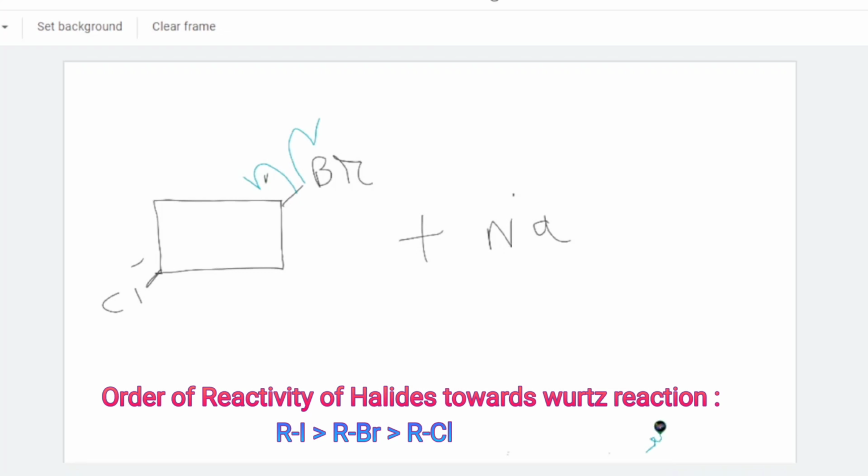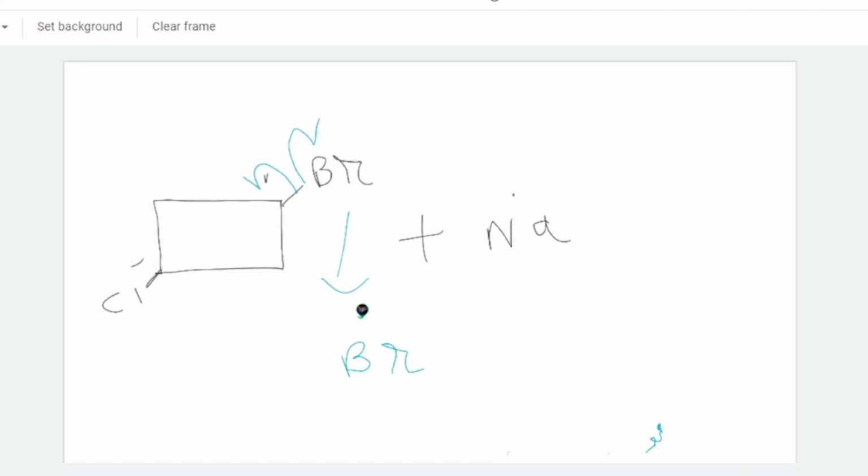You will get a radical, and it will react with this Na, and you will get an organosodium compound. And you will get another product. Okay, this is a free radical.